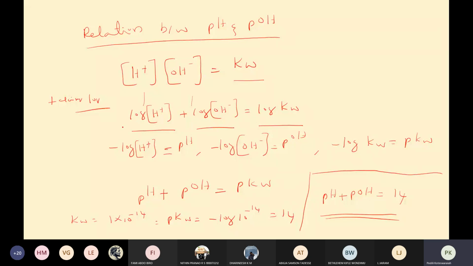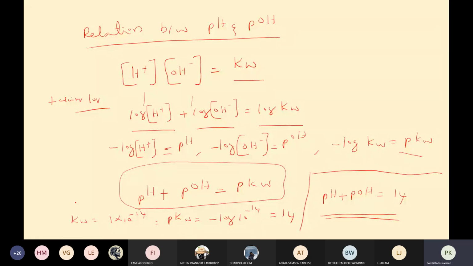When we apply a negative sign, minus log [H+] becomes pH, minus log [OH-] becomes pOH, and minus log Kw is nothing but the pKw. So therefore pH plus pOH is equal to pKw.